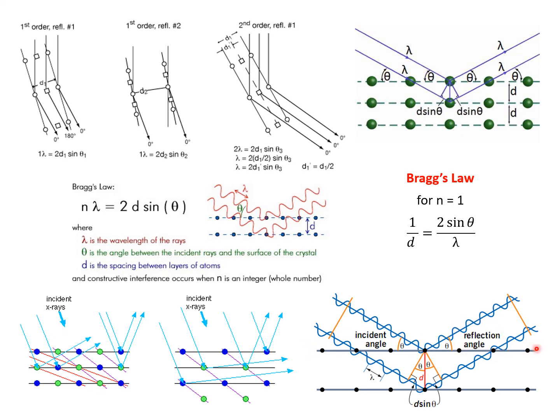What that means is, if you just think about one layer here, this wave train coming in and striking the surface at this point, this same wave train coming in and striking the surface at any other point and being scattered, when you're sampling the scattering coming off at a certain angle, then if you had two wave trains coming in, striking the surface at any point, not just at the atoms, but at any point, if they're coming in at a certain angle and they're coherent, and we examine the two trains coming off at the same angle, they will also be coherent.